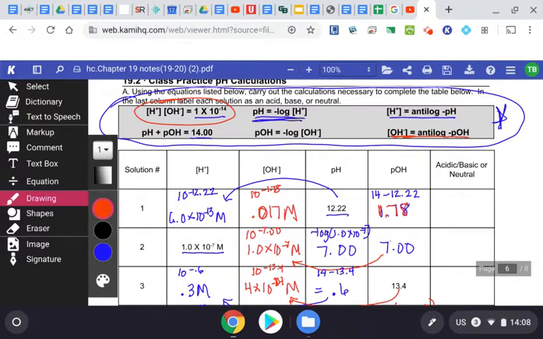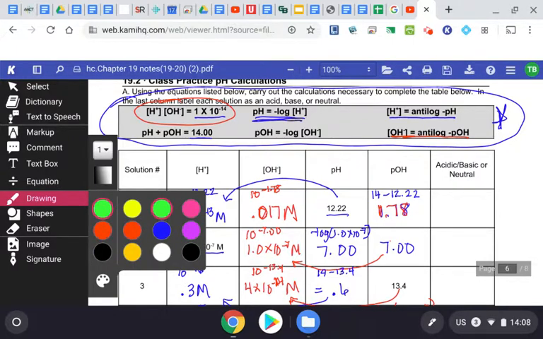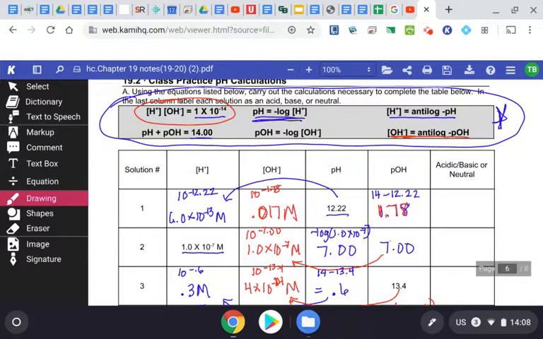All right, the last idea that we're going to look at here is identifying, is it an acid, base, or neutral? Remember, if it was an acid, your pH is going to be less than 7. If it was neutral, it was right at 7. And if it was a base, your pH is going to be greater than 7.